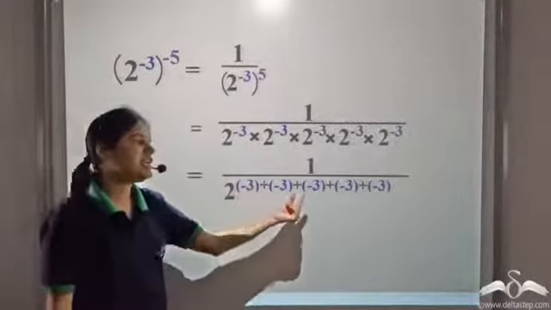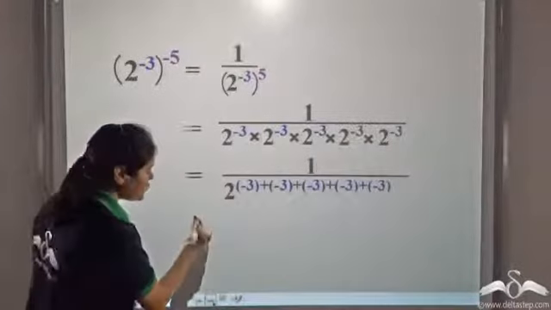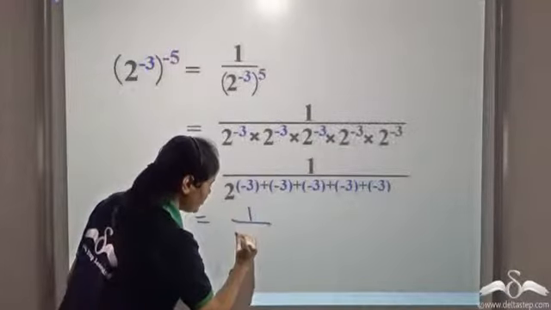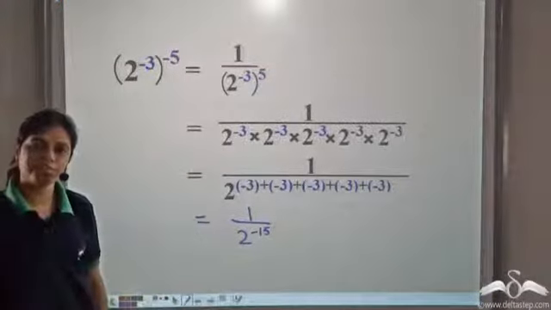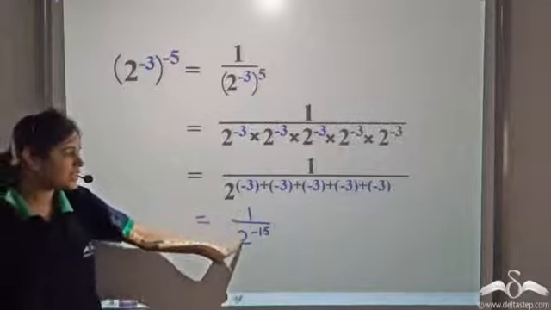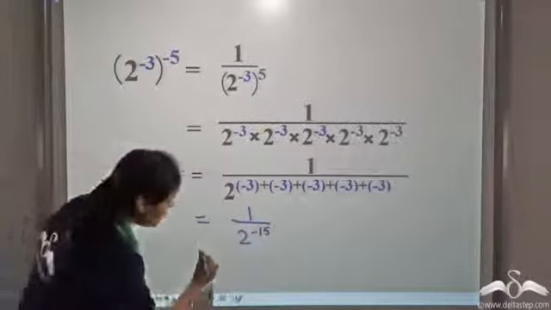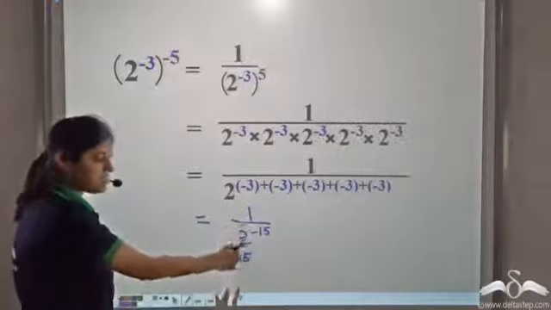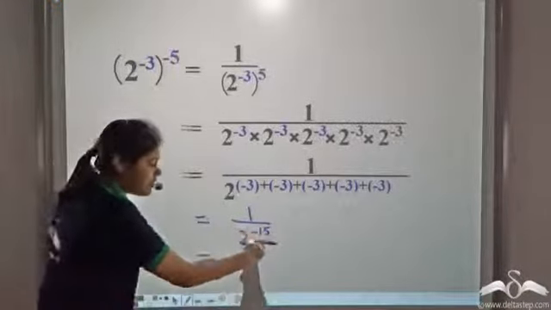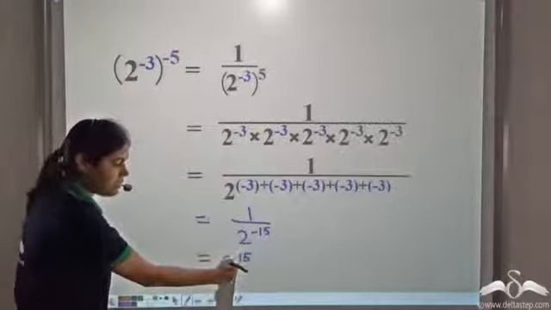Now negative 3 added 5 times gives us negative 15. So this is 1 divided by 2 to the power negative 15. And 1 divided by 2 to the power negative 15 is equal to 2 to the power 15. We take this in the numerator and reverse the sign. So negative 15 becomes 15.